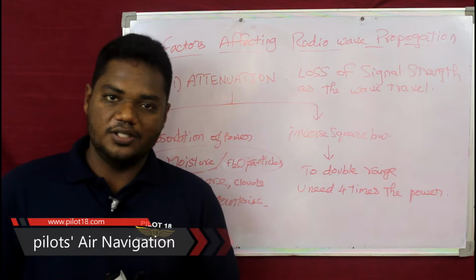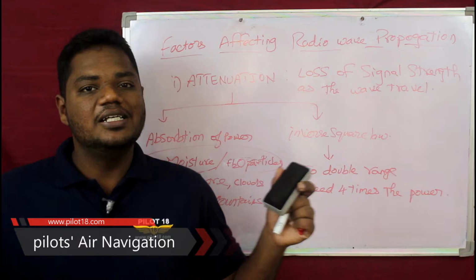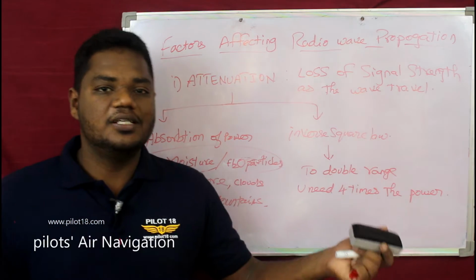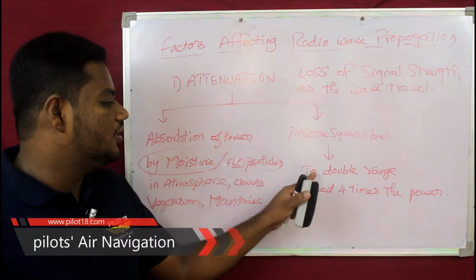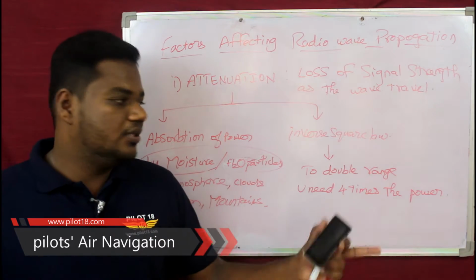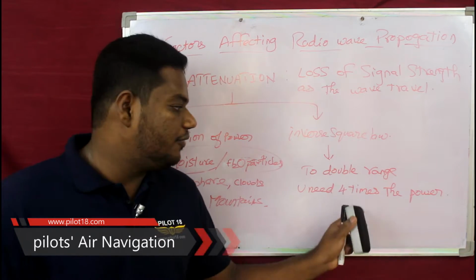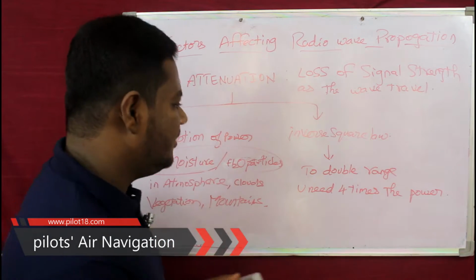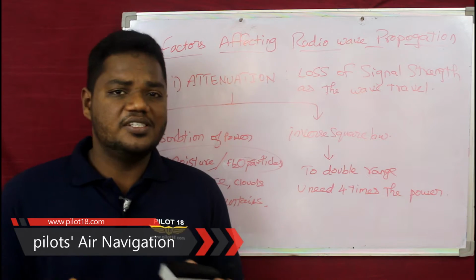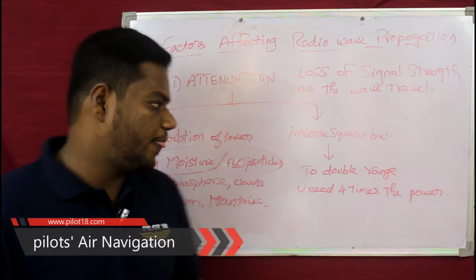It glows up to a certain range. After that, it becomes dark. So if you want to extend beyond that range, you need to have this ratio. If you want to double the range, you need to increase the power of the radio waves 4 times. Then you can get double the range. But there are alternate ways also, which we'll see in the different types of antenna.